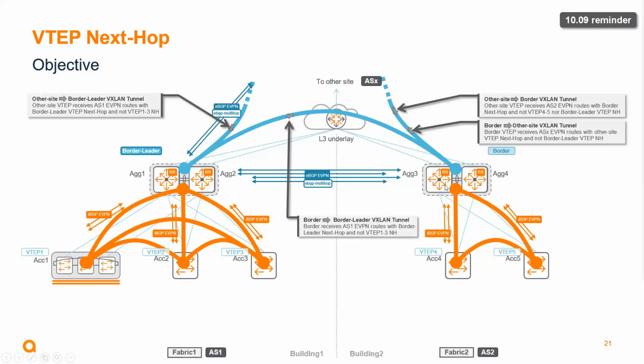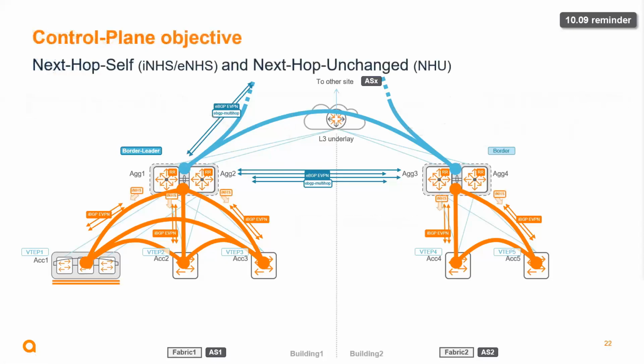Similarly, we want the border here, so all the source machines in Fabric 2, to reach the machine in Fabric 1 with the border leader being the next hop, and not VTEP 1, VTEP 2, and VTEP 3. So this is the regular objective for the next hop. In order to achieve the control plane objective that is set, we have to play with Next-Hop Self and Next-Hop-Unchanged.